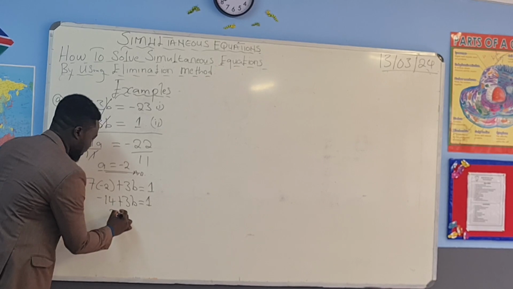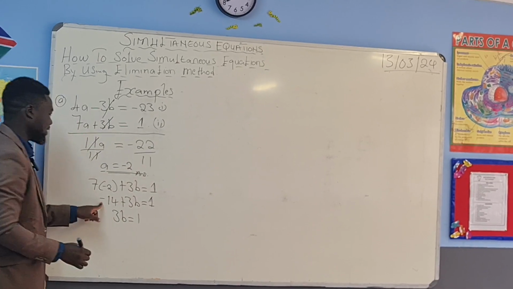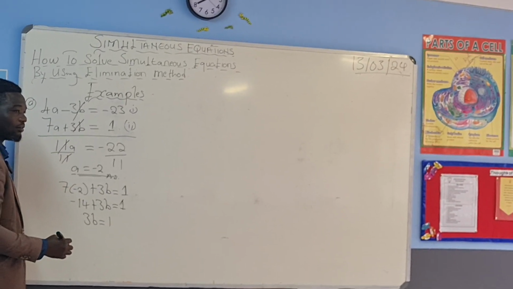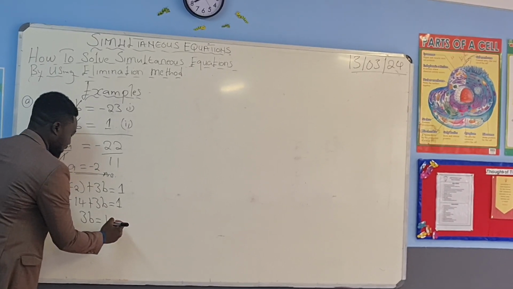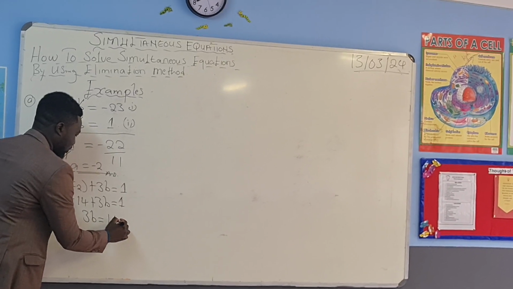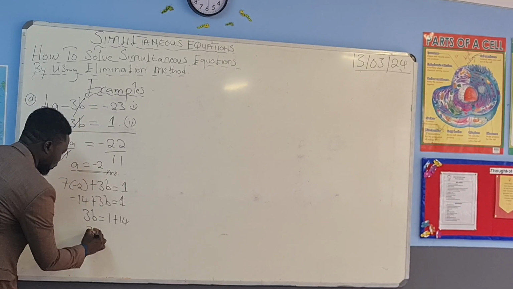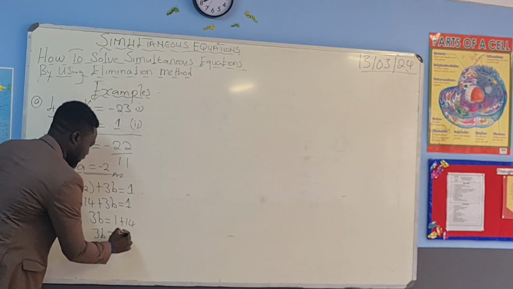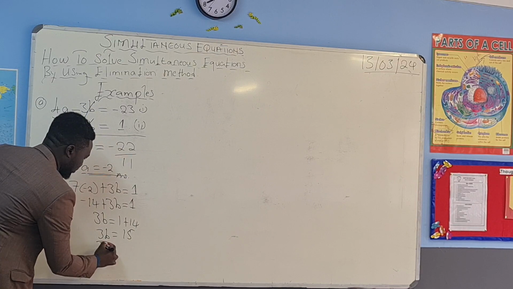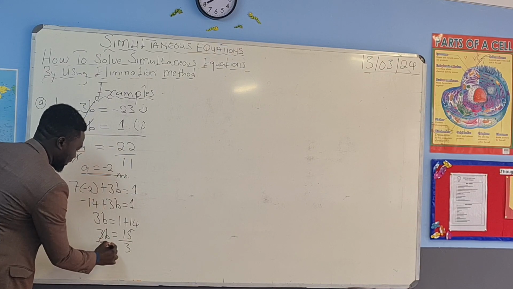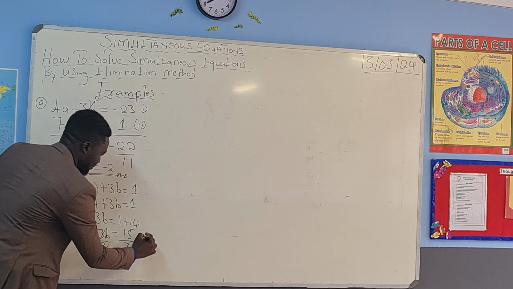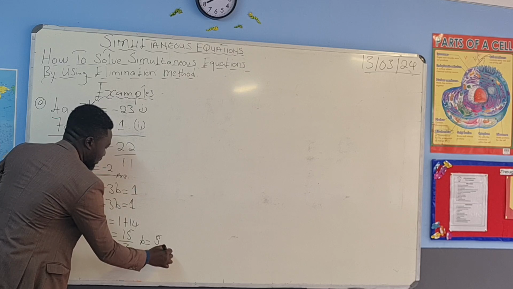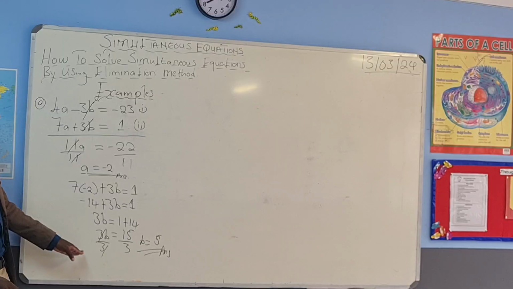So 3b is equal to 1, and once negative 14 crosses the equal sign, it becomes positive 14. So 3b equals 1 plus 14, which is 15. Then we divide both sides by 3, so b is equal to 5. This is how you can handle simultaneous equations.